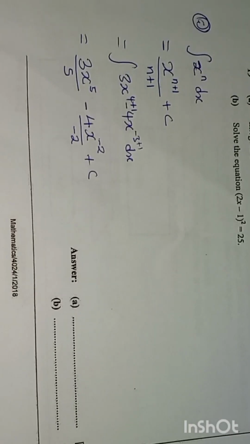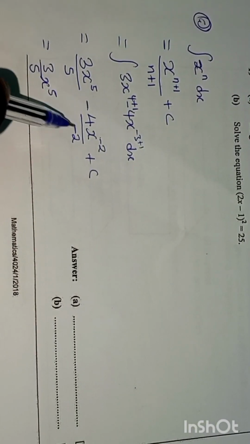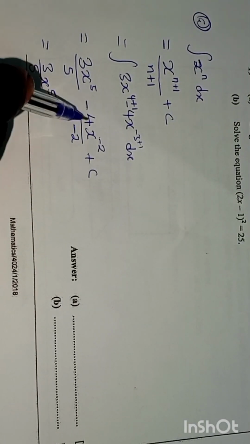Okay, so we can simplify further by saying 3 over 5 x to the power 5. Negative into negative, that is positive. 2 into 4, it is 2. x to the power negative 2 plus c.